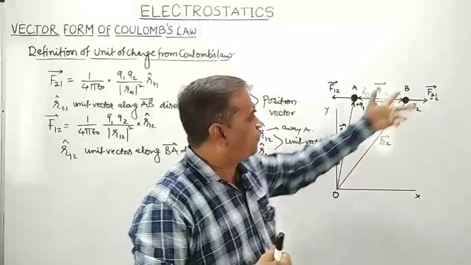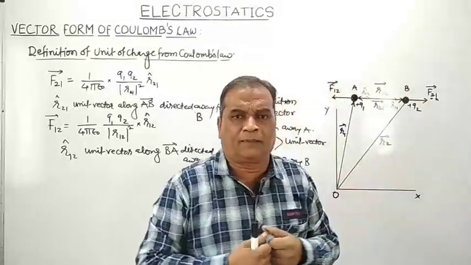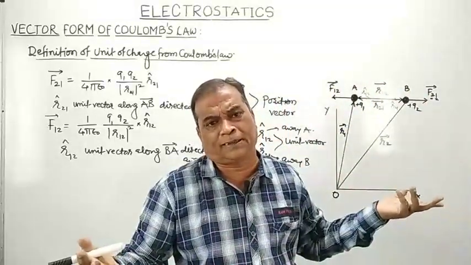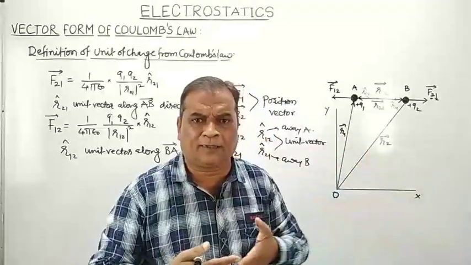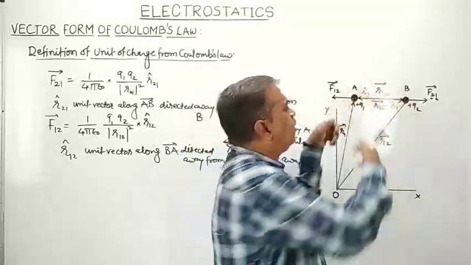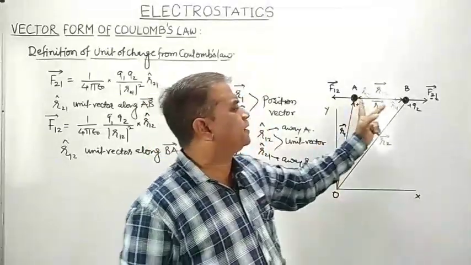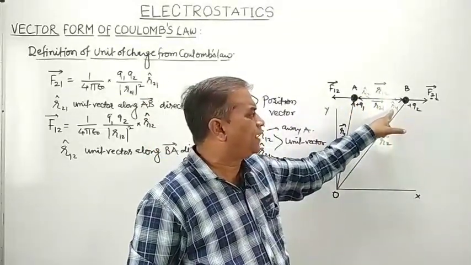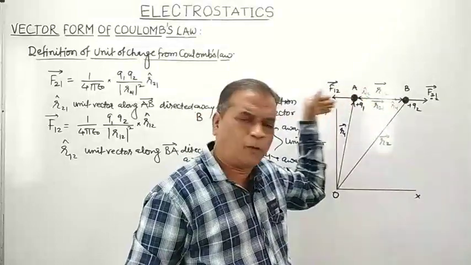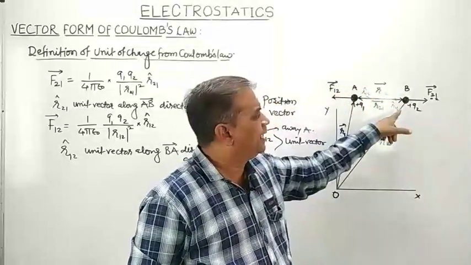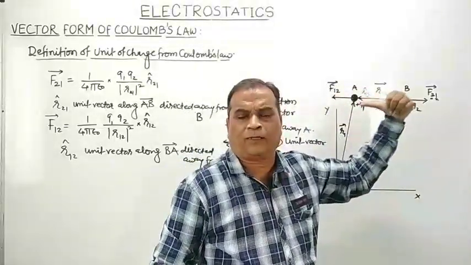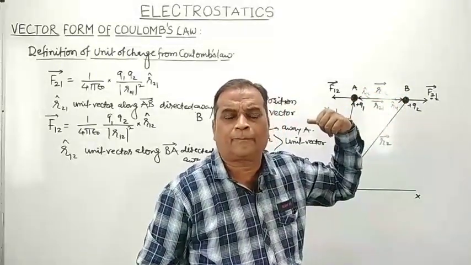and these forces F12 and F21, which are the forces exerted by the two charges on each other, will act along the line joining the given two charges. Also, if you observe this figure carefully, look at the unit vector R12 pointing in a direction opposite to that of the unit vector R21.